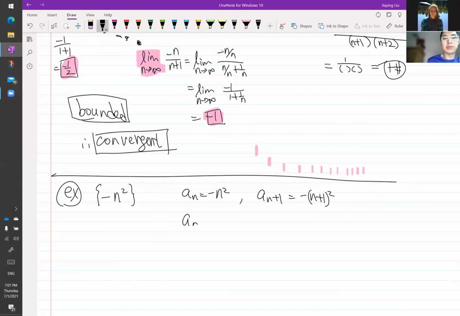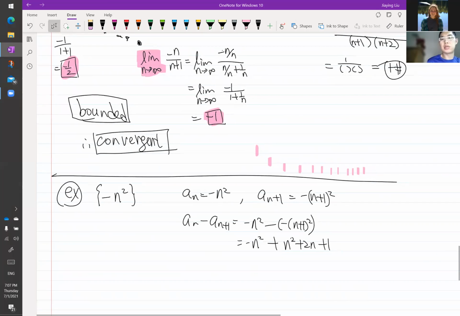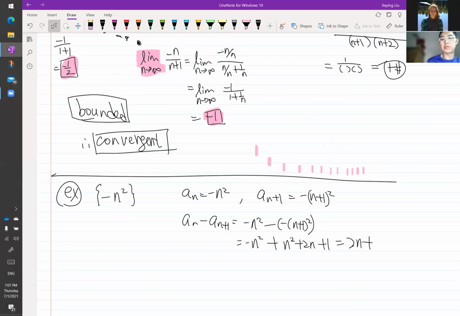You can probably tell by plugging numbers, but just in case, let's find a_n minus a_(n+1). That's negative n squared minus negative (n+1) squared, which becomes negative n squared plus (n+1) squared. Expanding that, we get negative n squared plus n squared plus 2n plus 1, so we end up with 2n plus 1. And for n greater than or equal to 1, this is always positive.